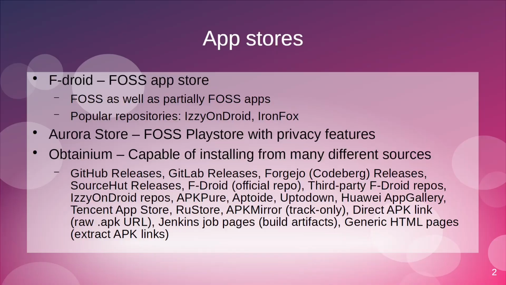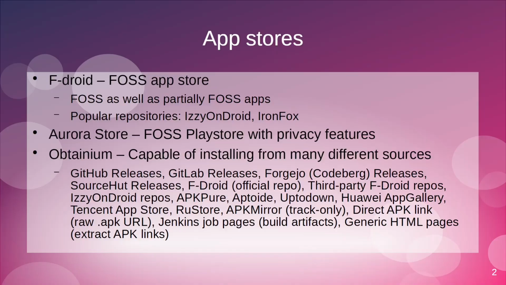Iron Fox especially is a hardened browser with a lot of privacy features. The Easy Android repo has a lot of FOSS apps that are not actually listed on native F-Droid, so I would definitely add that.